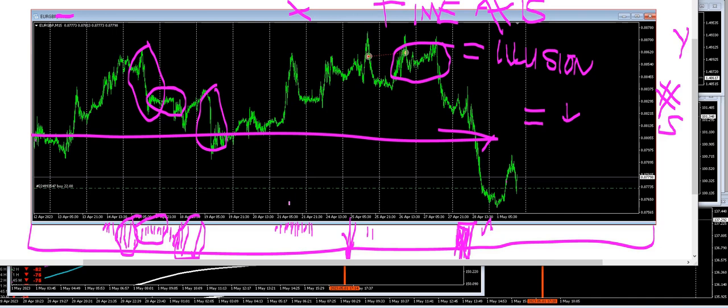It's doing the exact same thing, seeking balance. Here's the balance point. Price will come back here and it will balance. And then this will need to be balanced. It will come here. And then the buyers here will think this is going up, but it may be on a higher time frame.